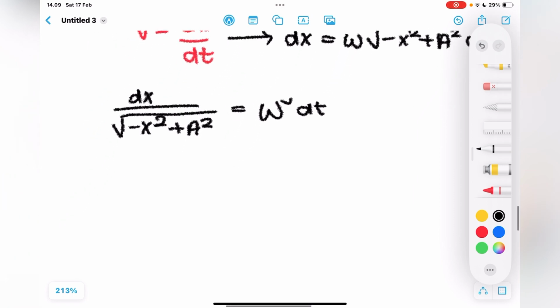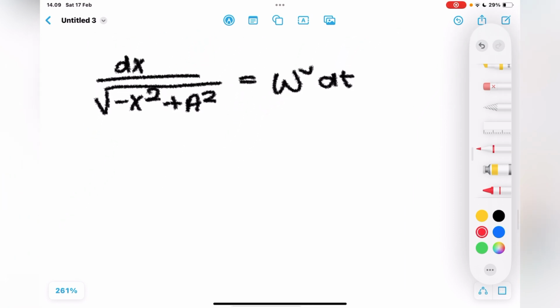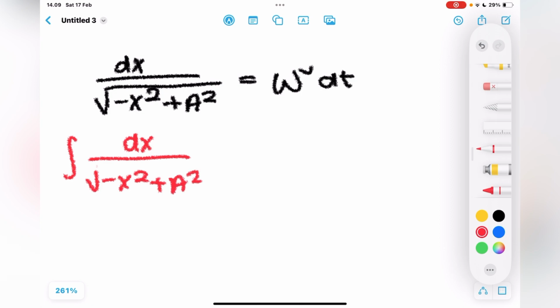Now again, what we can do next is integrate both sides. So first we're going to integrate dx over the square root of negative x squared plus a squared, which is going to be sine inverse of x over a.